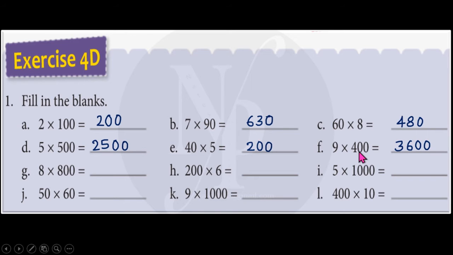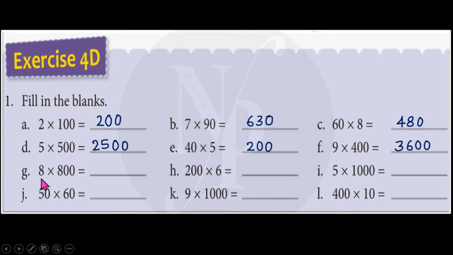We didn't consider these zeros while multiplying. After multiplying these two numbers, we got 36, and to the right of this answer we have written these 2 zeros. Therefore, the product of 9 and 400 is 3600.